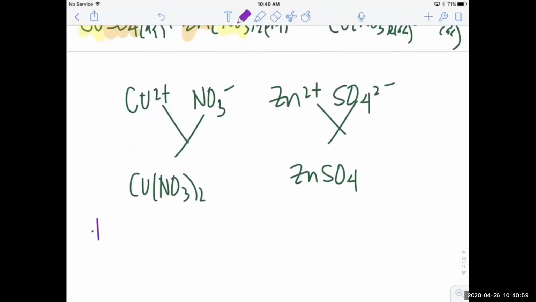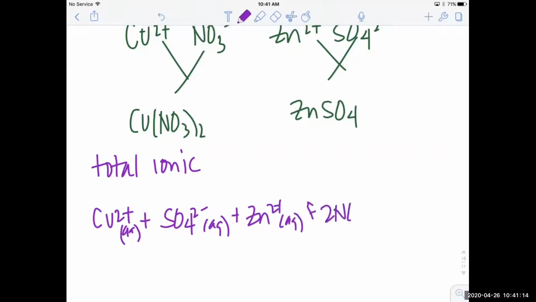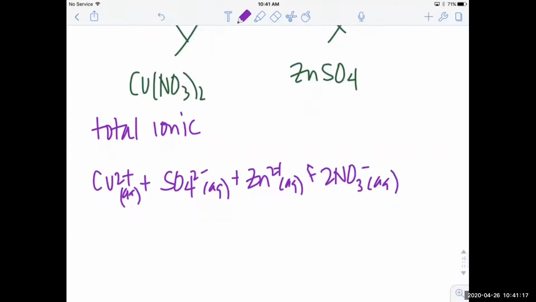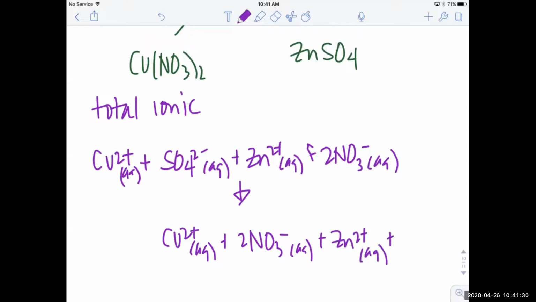So our total ionic, unfortunately, we have to separate out everything. So this is just going to be Cu2+ aqueous plus SO4 2- aqueous plus zinc 2+ aqueous plus 2 NO3- aqueous goes to, again, I'm writing it below just because I'm running out of room, Cu2+ aqueous plus 2 NO3- aqueous plus zinc 2+ aqueous plus SO4 2- aqueous.